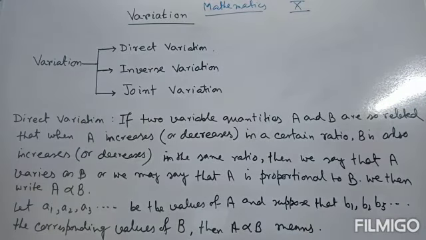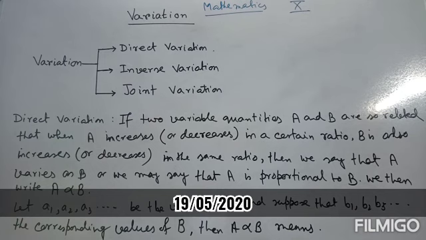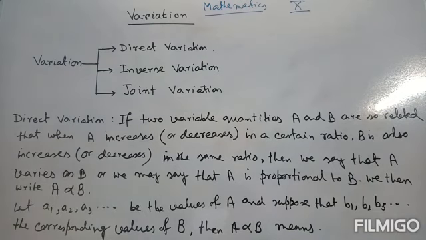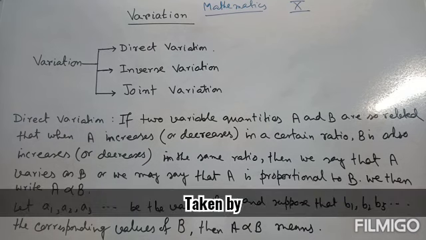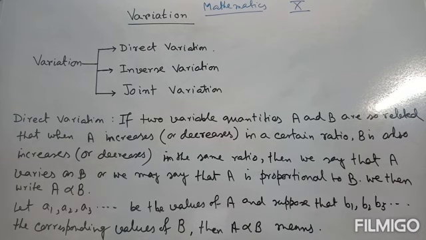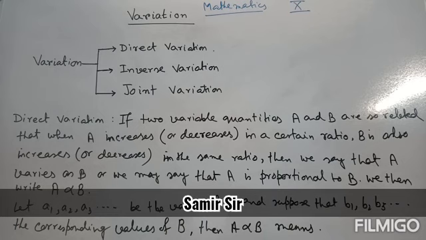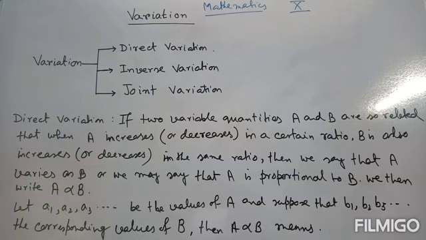So what is variation? In almost all branches of our studies, physics, chemistry, biology, economics, etc., we are often concerned with the investigation of the relation between two or more variable quantities.